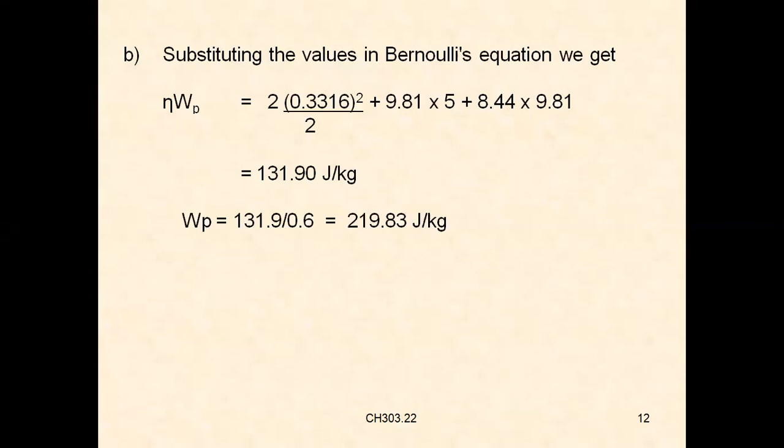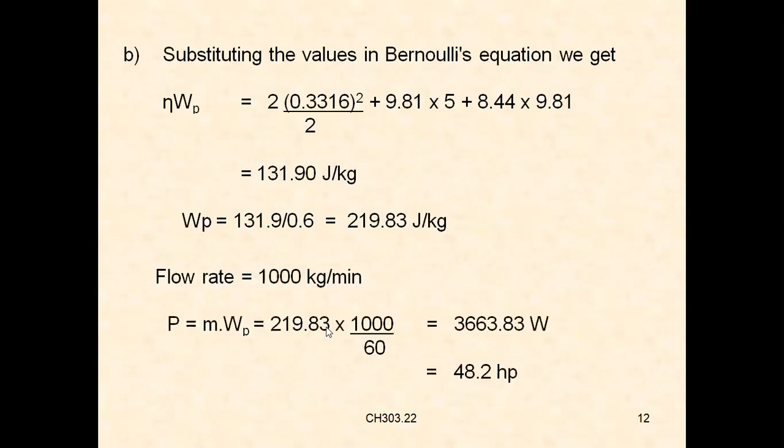Efficiency of the pump is given as 60%. So WP is equal to 131.9 divided by 0.6, which is 219.83. This is the value of WP, that is the work done by the pump in joule per kg. We have to calculate the power required by the pump. Power required by the pump P is equal to m dot into WP.